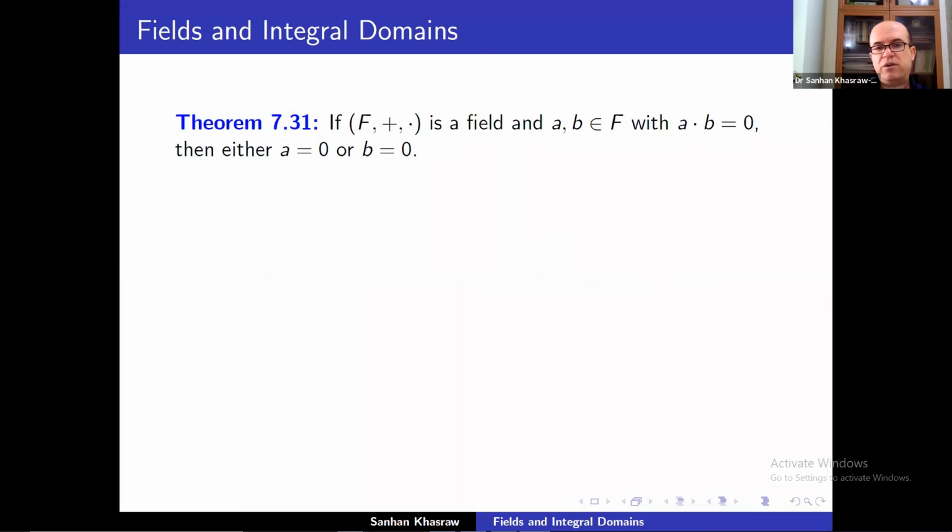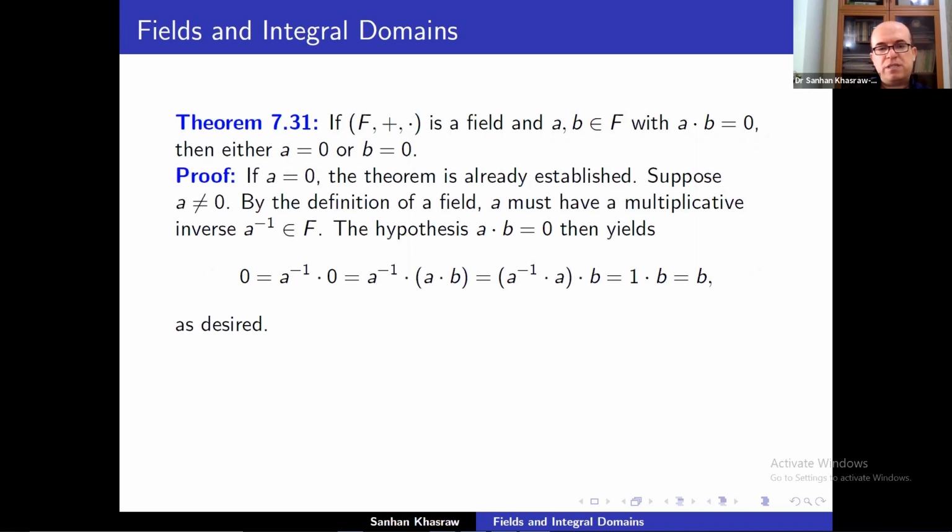What we have in a field: if I take any two elements A and B in F and AB is equal to 0, then one of them must be 0. The proof is, if A is 0, there is nothing to prove because the theorem is done.